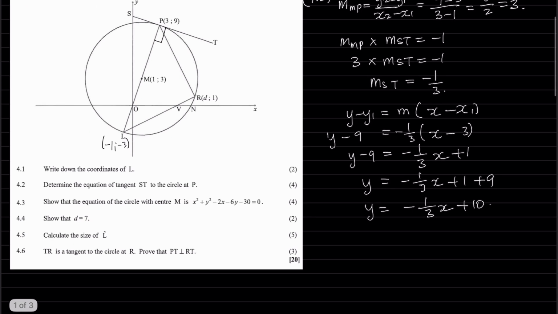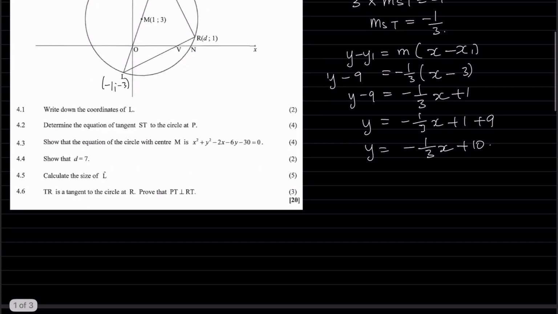That's our equation. Question 4.3, show that the equation of the circle with center M is x squared plus y squared minus 2x minus 6y minus 30 is equal to 0.